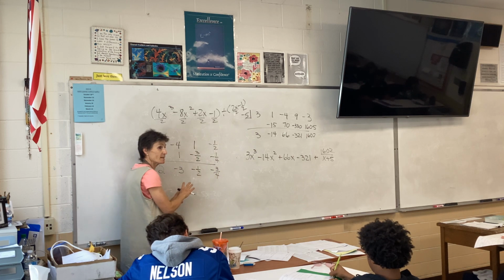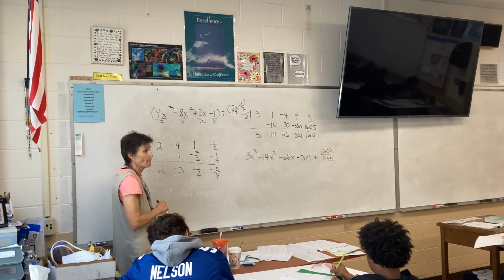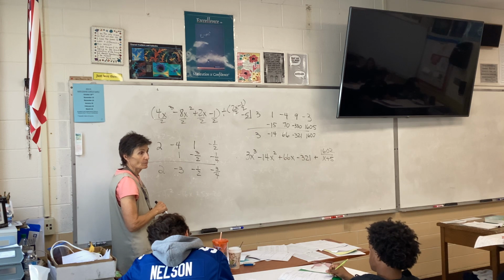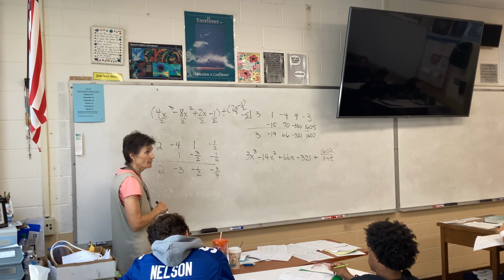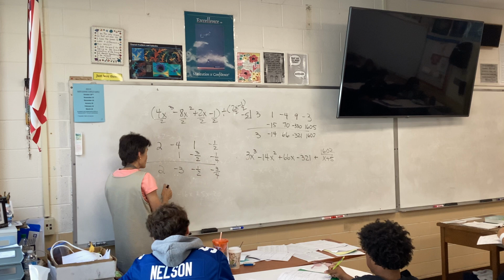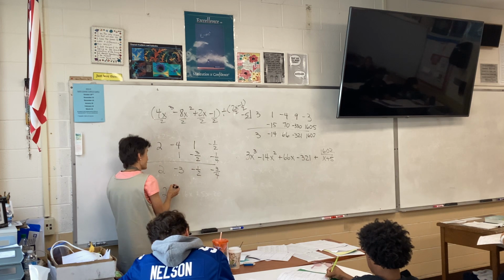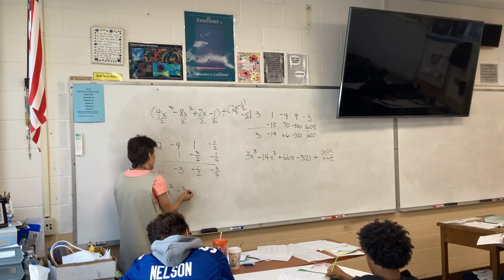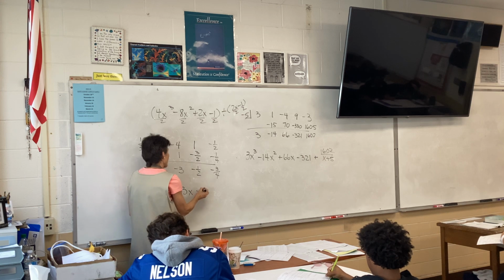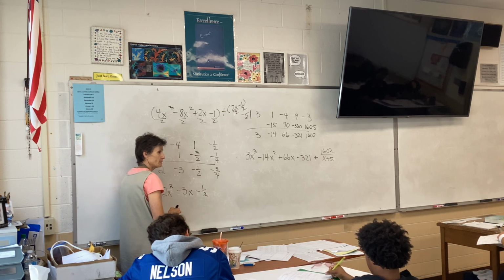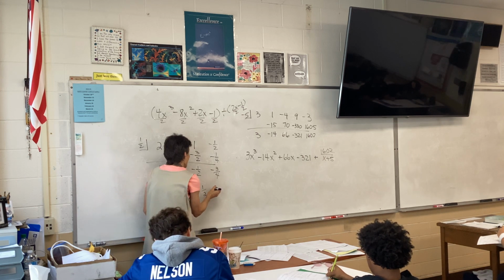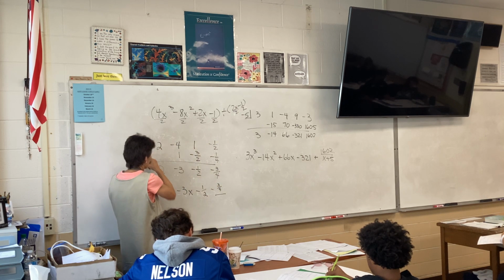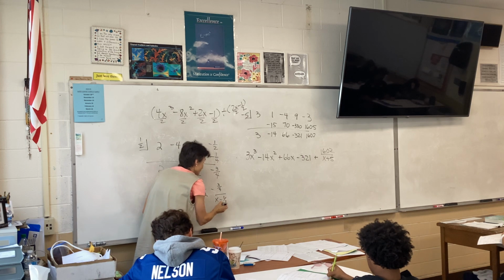So now I'm left with this. Would you agree with that? Now, the answer then is 2x squared minus 3x minus 1/2, minus 3/4 over x minus 1/2.